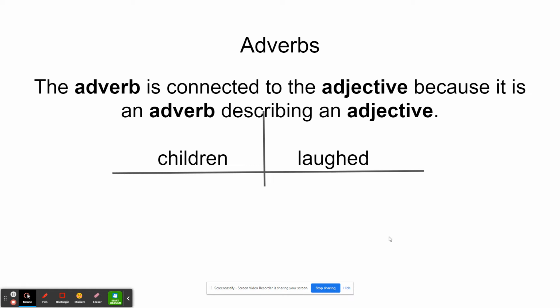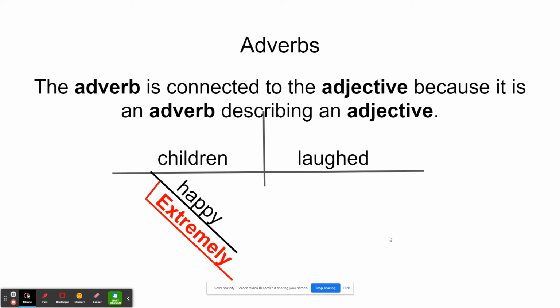That's the core of this sentence. All the other words give detail to that, make it a more interesting sentence. What kind of children? Correct. Happy children. Now, how happy? Right. Extremely happy. So extremely is connected to happy. It's an adverb describing the adjective happy.